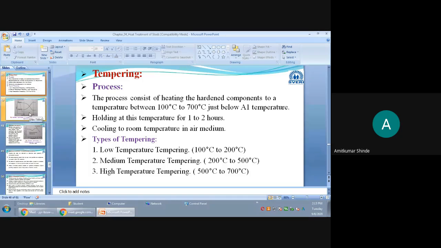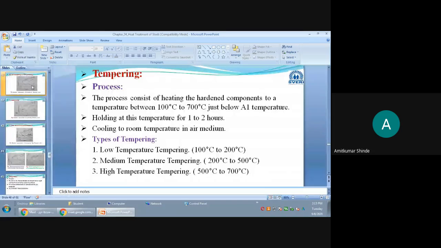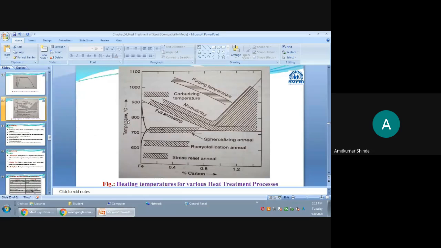Just below the A1 temperature, I will take the reference of the iron carbide diagram. This horizontal line is the A1 temperature line, 723 degrees Celsius.